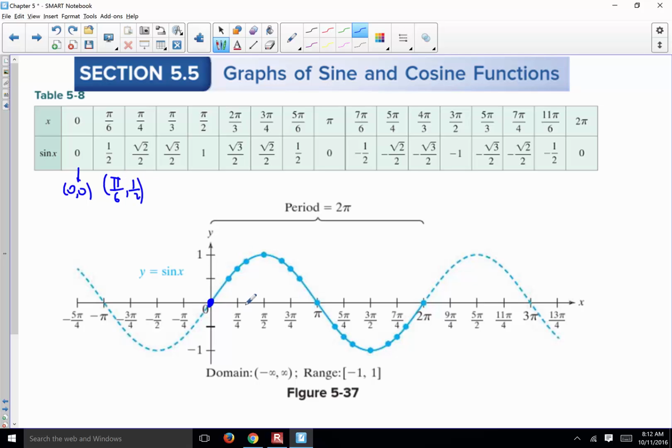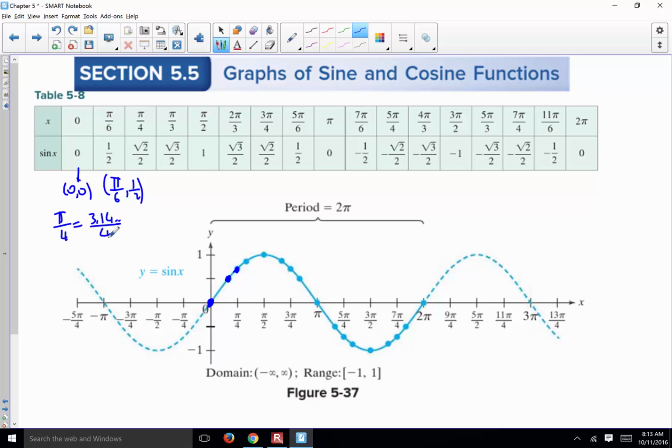They didn't mark the x coordinate here, but we know where it is. It's this point. And then they did pi over 4 and root 2 over 2. By the way, how did they know where pi over 4 is? How large is pi over 4? This is how they compute it. Pi is 3.14 something.